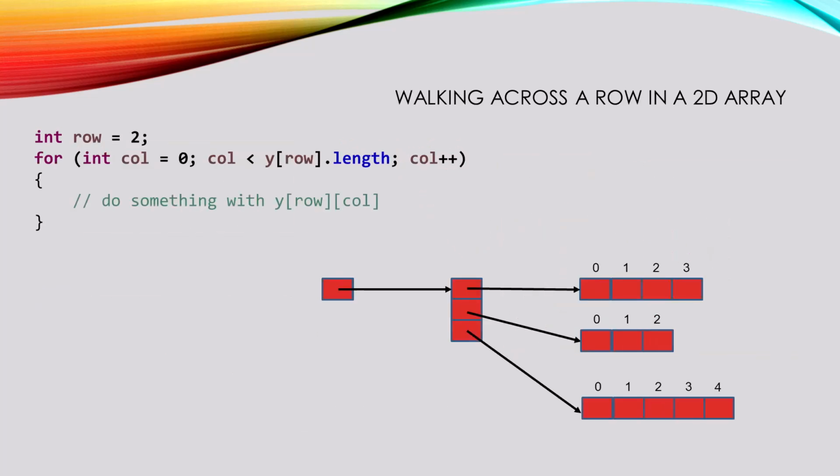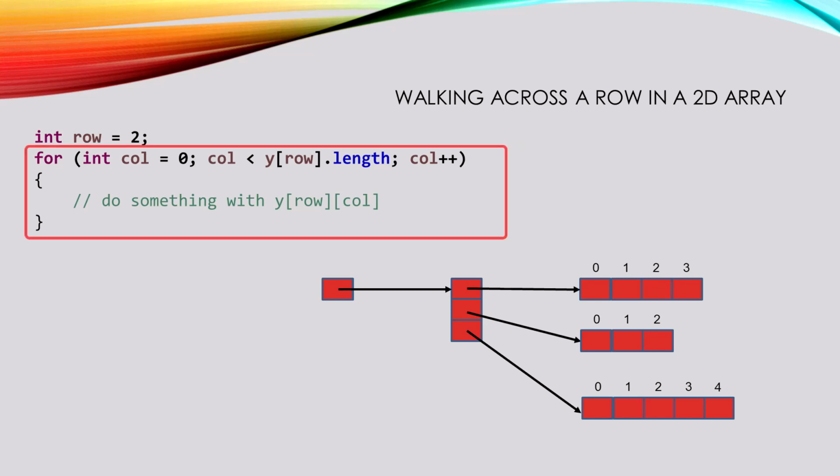When we started working with one-dimensional arrays, we talked about how to walk through an array, how to look at every position of the array. Remember that the standard walking through the array loop is a for loop. We can do the same thing to one row of our two-dimensional array. Suppose we wanted to sum up the values of a particular row in the table. This loop is going to use the variable col to walk through the array y sub row.